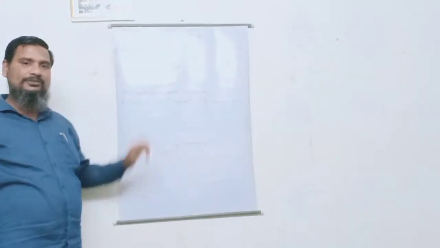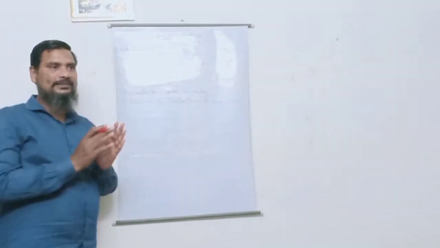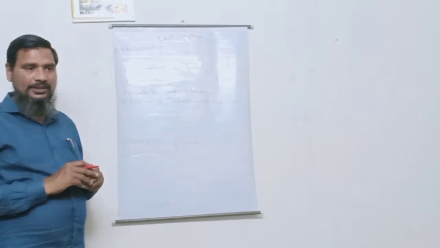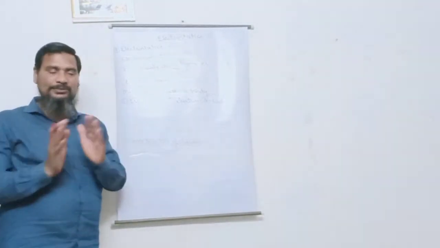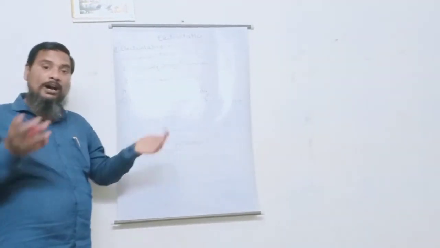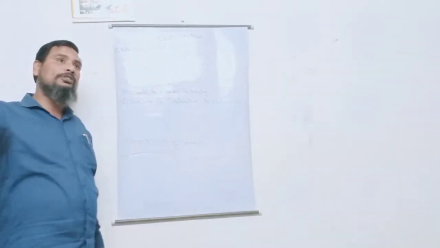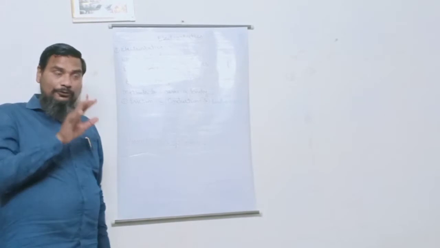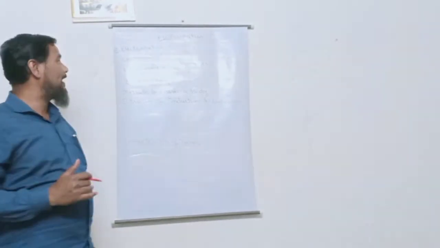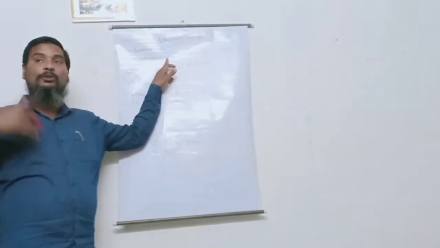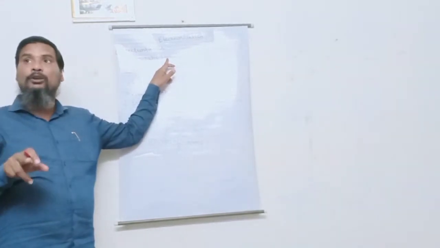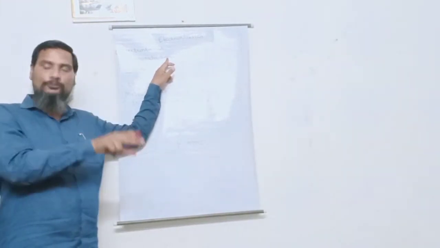What is electrostatic force? In many examples we have studied that when a glass rod is rubbed with a silk piece, it acquires a property by which it attracts other bodies towards it. The force exerted by the glass rod is called electrostatic force.